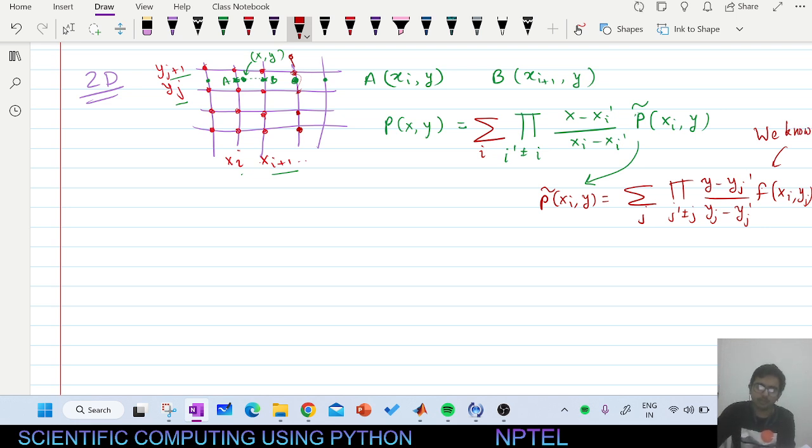So all in all, what happens is a sum over i, j, and because i and j are independent, all these terms are independent, right?